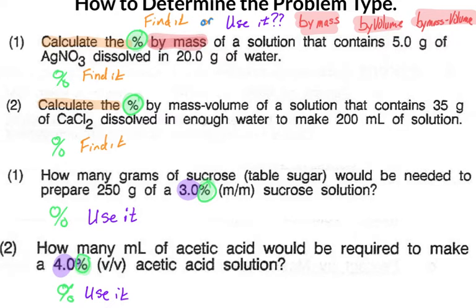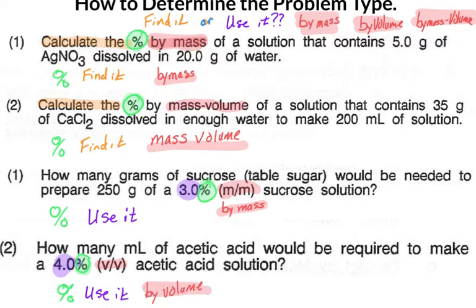For number 2, it says calculate the percent by mass volume. So of course that would be a mass volume calculation. For number 3, we're going to see that it says that I have a 3% m over m. That means it's a by mass type of problem. And for the last one, number 4, we see that it says how much is required to make a 4% V/V, which means it's a by volume type of calculation.